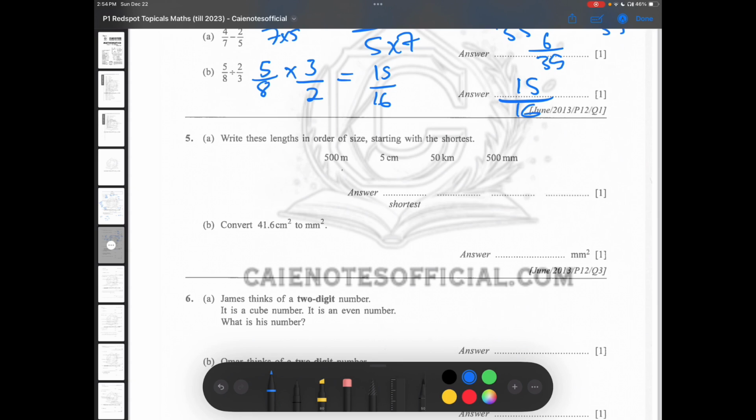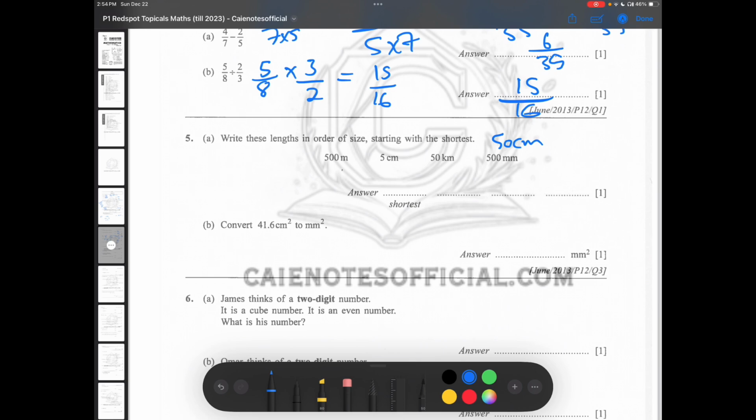If I convert 500 millimeter into centimeter, I will get 50 centimeter, because 1 centimeter is equal to 10 millimeter.